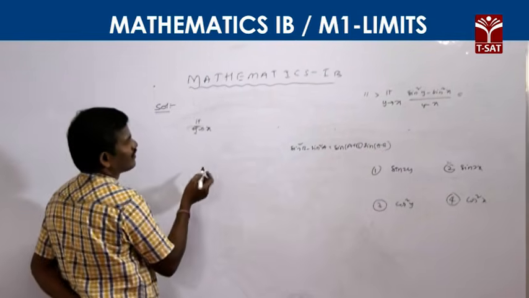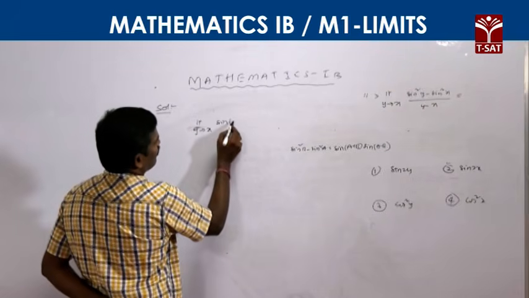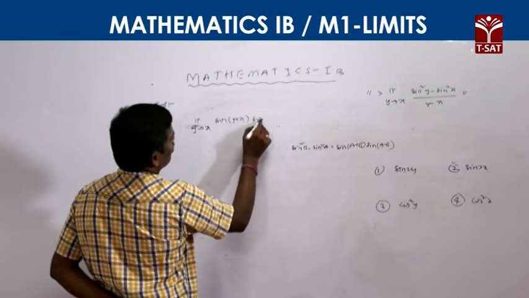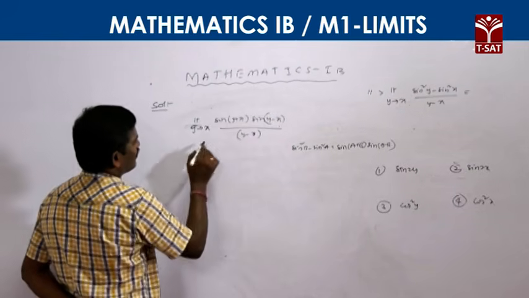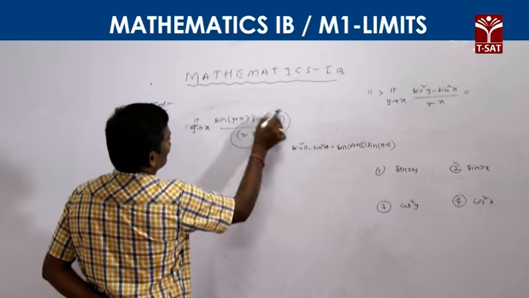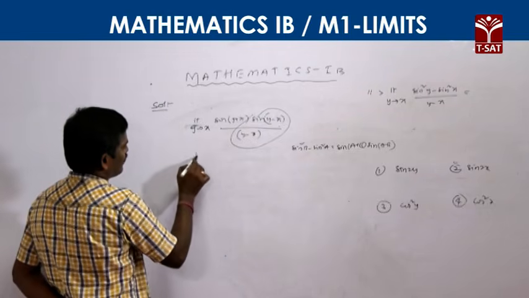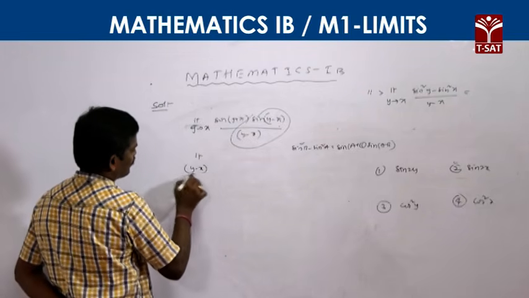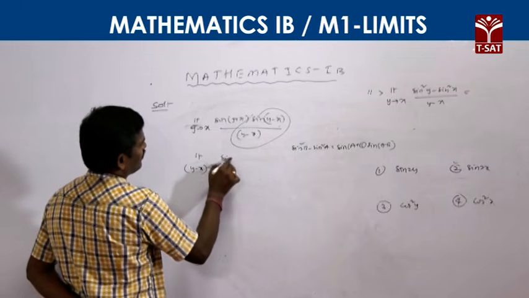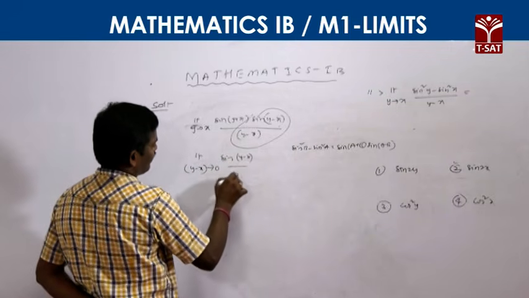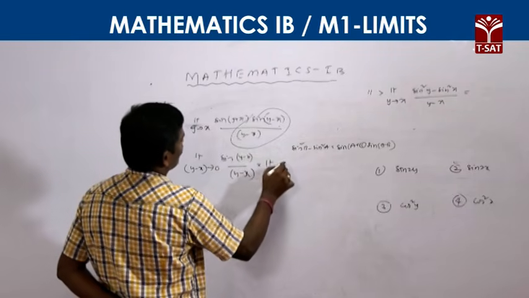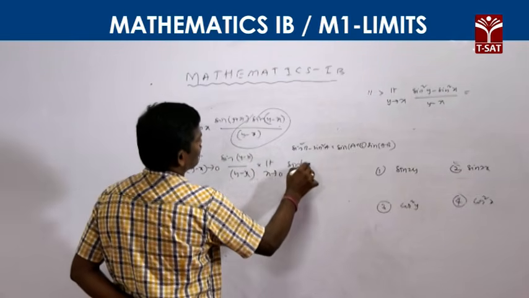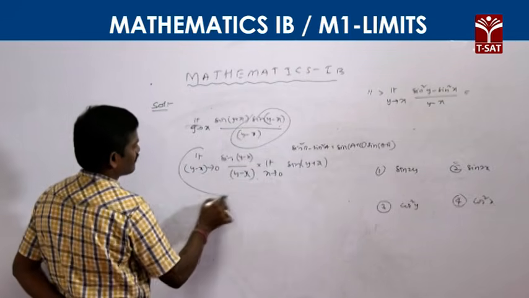So here y and x, sin of y plus x into sin of y minus x by y minus x. So one standard limit is this one along with y tends to 0. So limit y minus x approaches to 0, sin y minus x by y minus x, it is 1, and limit y tends to x, sin of y plus x, this answer is 1.